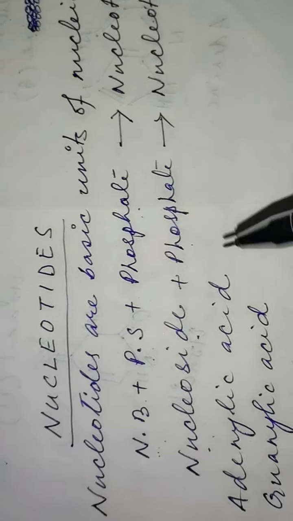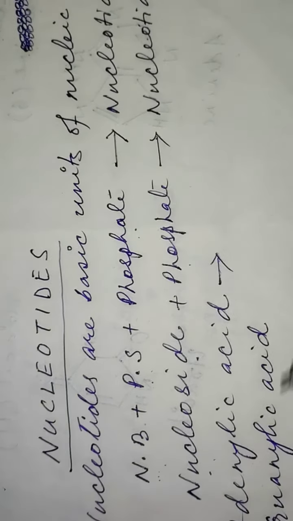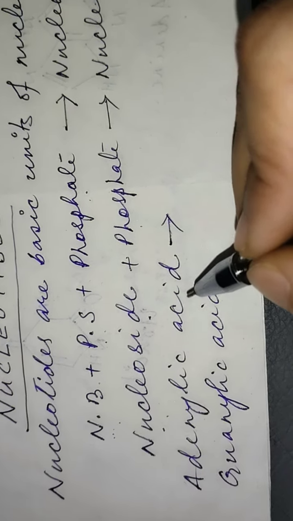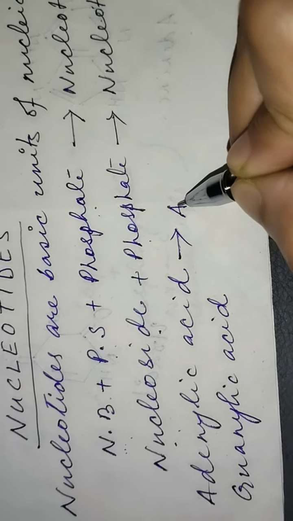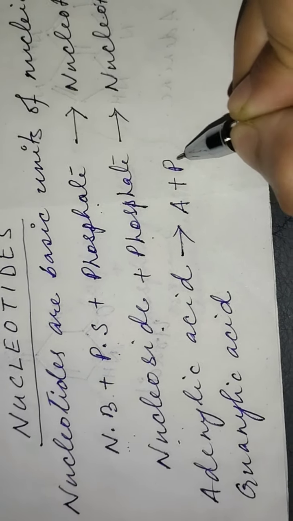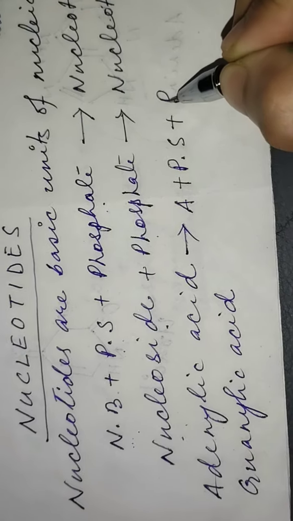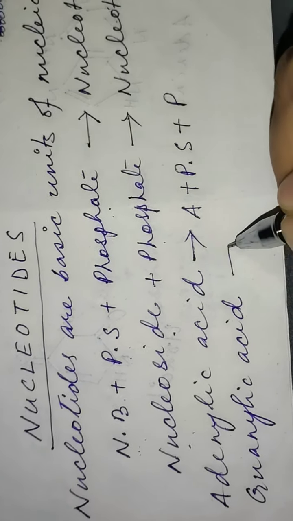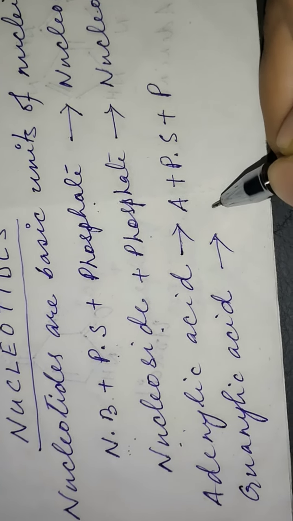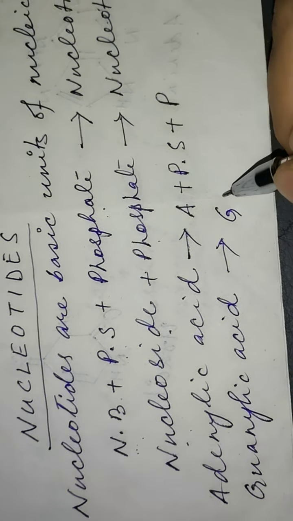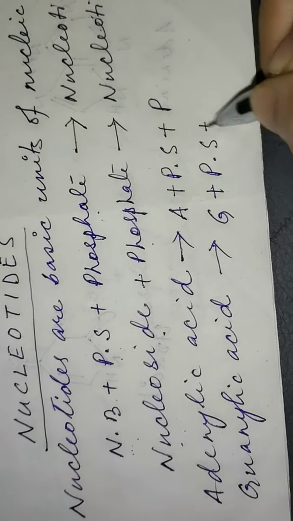Okay, so these are called adenylic acid, guanylic acid, cytidylic acid, thymidylic acid and uridylic acid. So what is adenylic acid? Here the nitrogenous base will be adenine, pentose sugar plus phosphate. Similarly for guanylic acid the nitrogenous base will be guanine, pentose sugar plus phosphate.